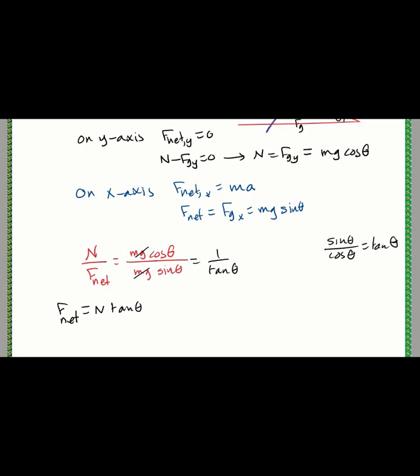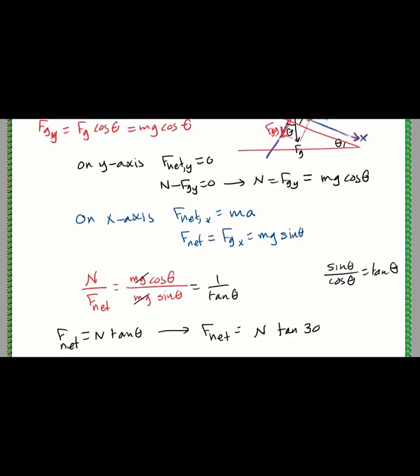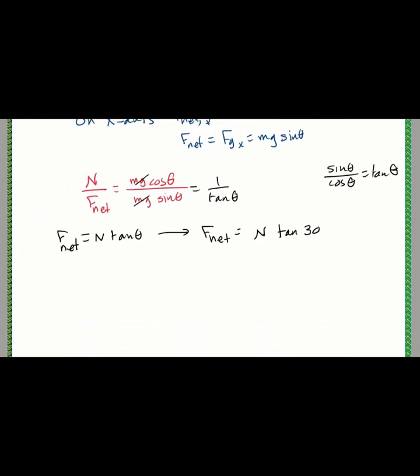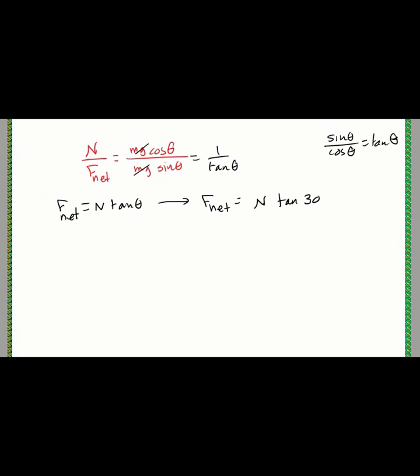What is tan theta? It is tan 30. This means Fnet equals N tan 30. The angle in this question is 30, I think. Yes, it is 30. And tan 30 is almost 0.577.